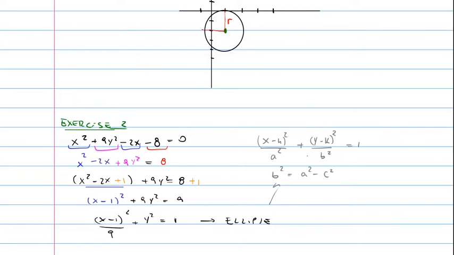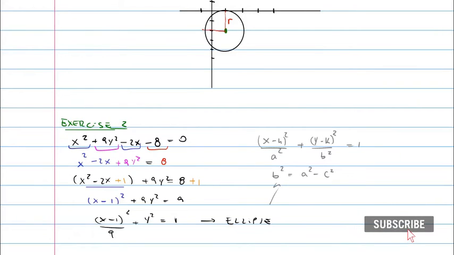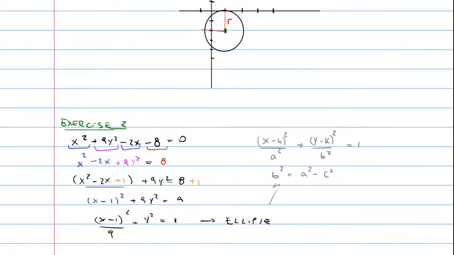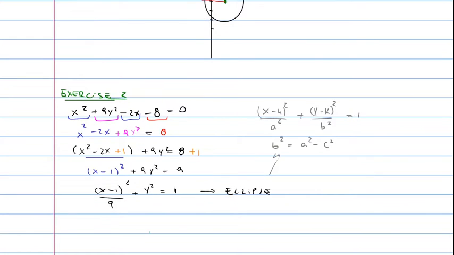And this ellipse, we know it's horizontal when a squared is bigger than b squared. So in this case, we have here this number 9, which would be a squared, so then a equals 3. And now here we have divided by 1, so this would be b squared, which tells us that b is equal to 1.